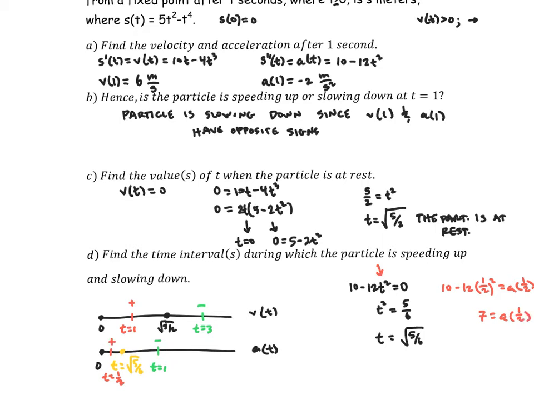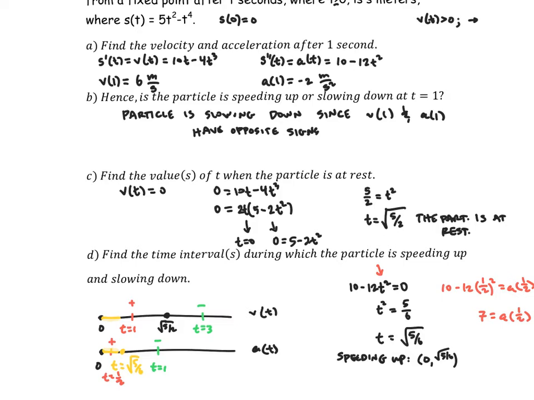So now I have to determine when the particle is speeding up. Well, when the particle is speeding up, we would have the same sign. So the particle will be speeding up in a couple different places. First, from 0 to the square root of 5/6. I'm going to highlight that here for you. So from 0 to square root of 5/6, we see that the sign is the same.